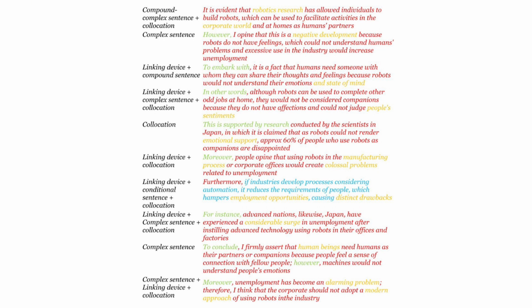However, machines would not understand people's emotions. Moreover, unemployment has become an alarming problem. Alarming problem, that's a collocation. Therefore, I think that the corporate should not adopt a modern approach of using robots in the industry, right?